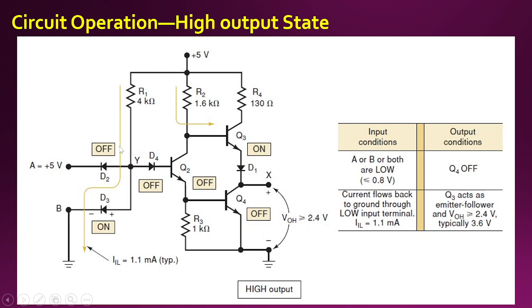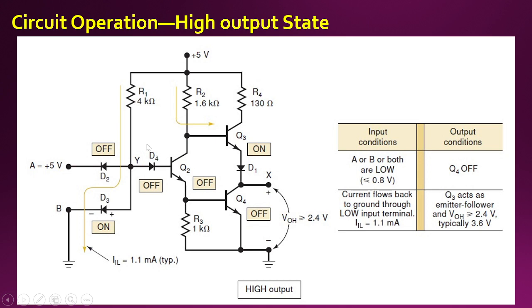So this is in the non-conducting state. But what about the diode D3? In this case the N side is connected directly to ground and the P side is directly biased through +5. We expect a current to flow through this, and this section will be completely off.